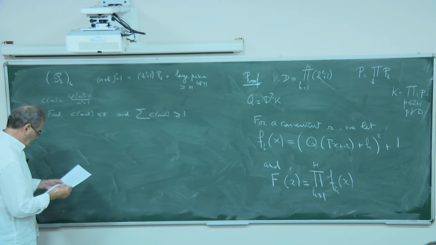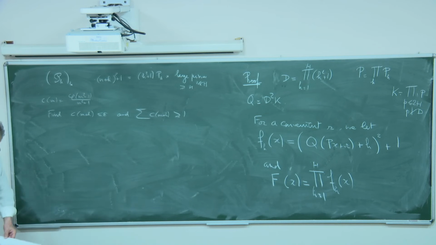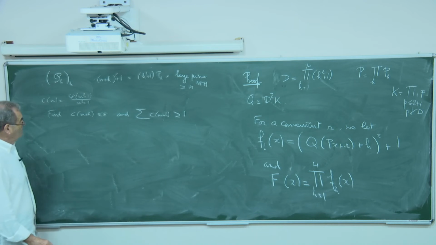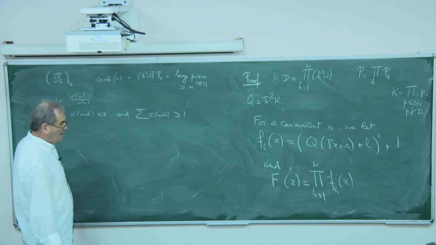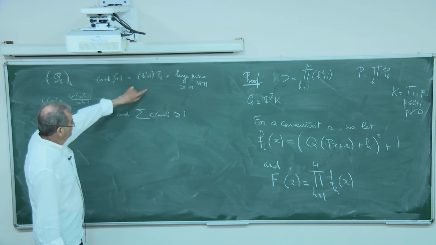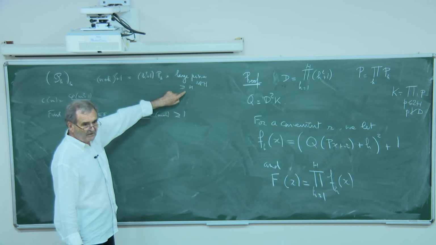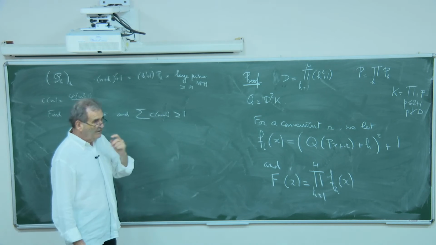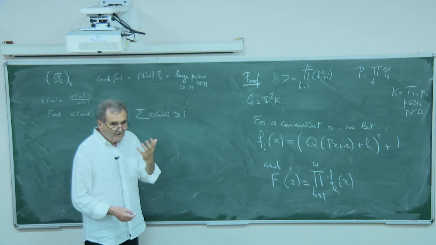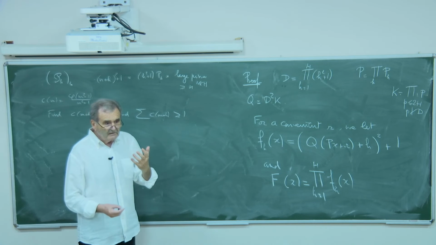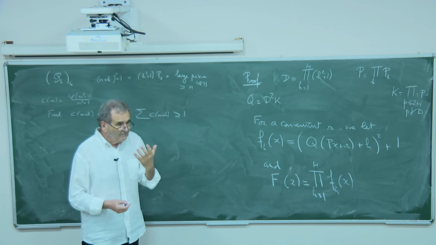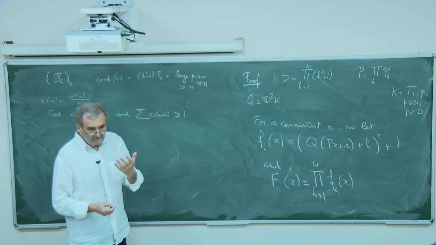The fact that the C_m will be small, we'll get it from the p_h. The contribution of large primes will not be great because it will be a product of 1 minus 1 over p, and if p is very large, this is very close to 1. There's nothing to do there.